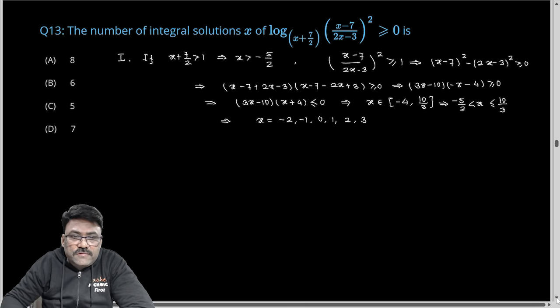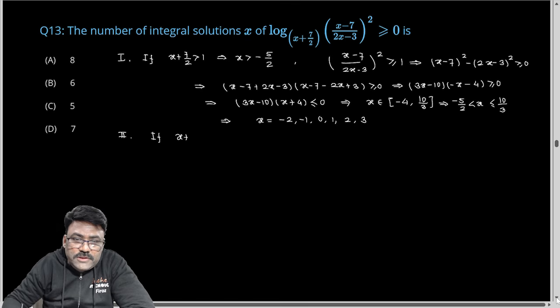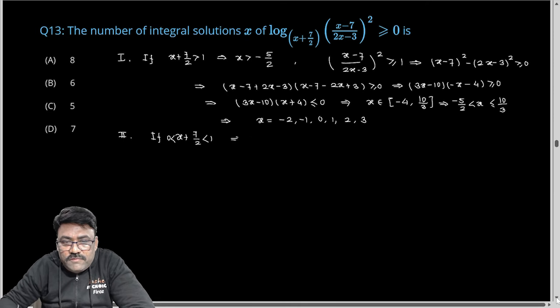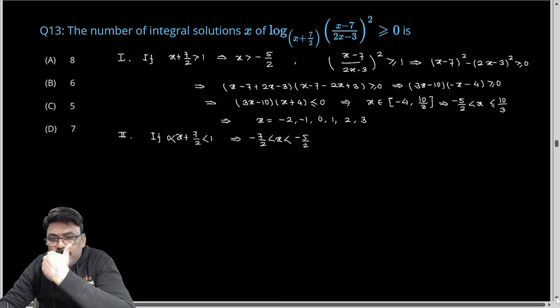Now, second case. If I take x plus 7 by 2 between 0 and 1, means x is between minus 7 by 2 and minus 5 by 2.